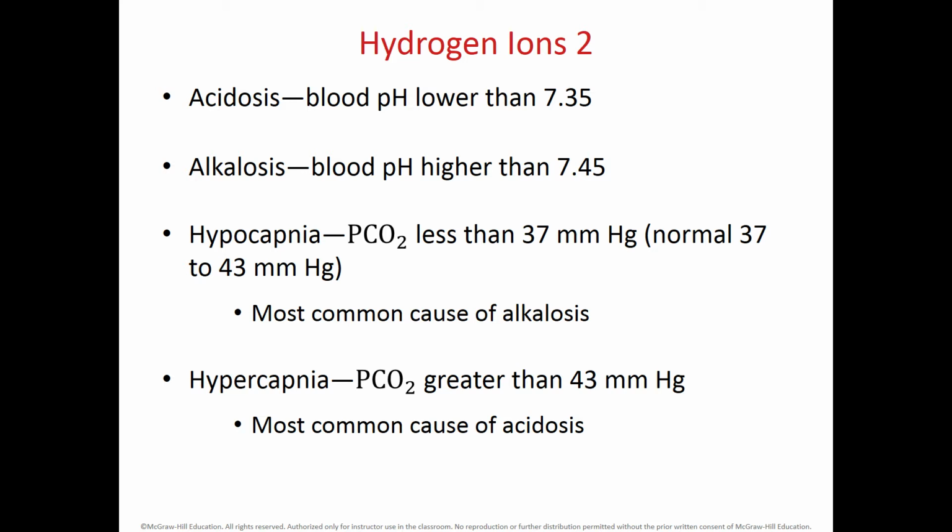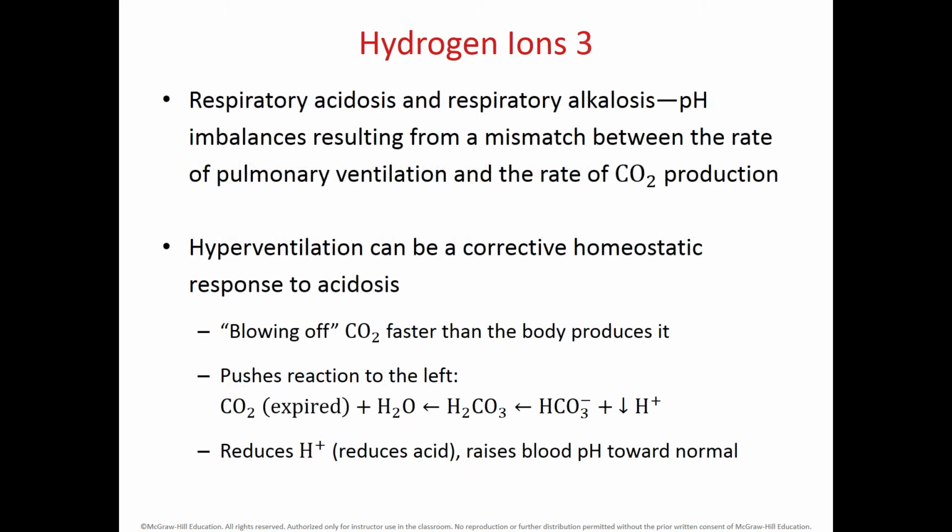And then whenever we have alkalosis, which is having a pH level greater than 7.45, we don't have as much CO2, so we have hypocapnia. So the PCO2 will be less than 37 millimeters of mercury, and you will decrease your respiratory rate, so you will retain CO2, so you can return the pH to the normal levels, which will be between 7.35 and 7.45.